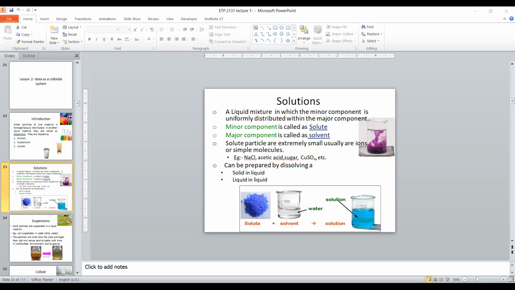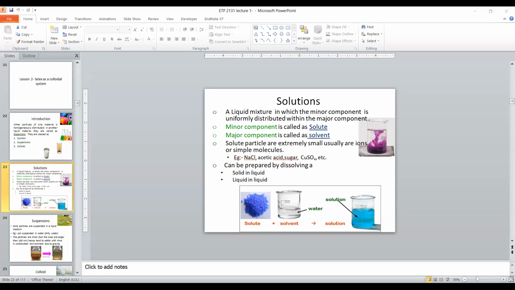Okay, you have to clearly remember these words. Now in the case of suspensions, as I said before, if the particle sizes are bigger, then the weight will be greater in magnitude so that it will sediment.